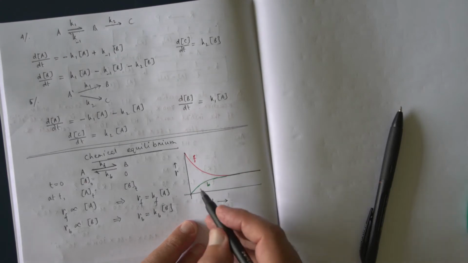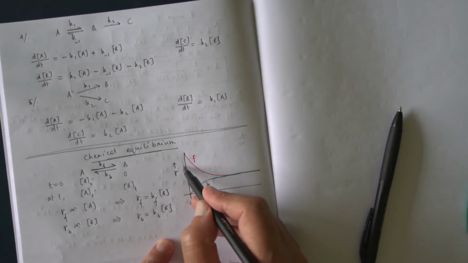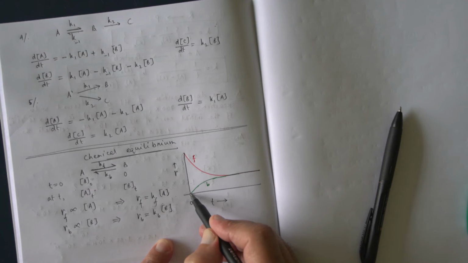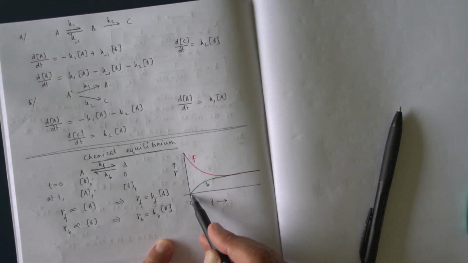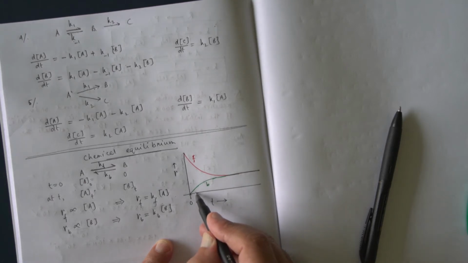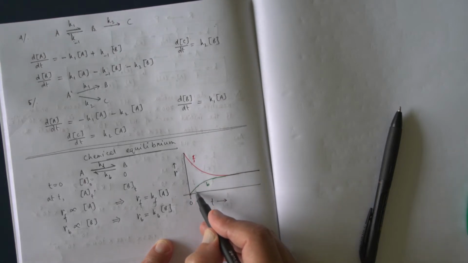Now, initially, time equal to 0. Initially, speed of forward reaction is this much. Speed of backward reaction is 0. So speed of forward reaction is not equal to speed of backward reaction. After 1 second, again speed of forward reaction is this much, speed of backward reaction is this much.